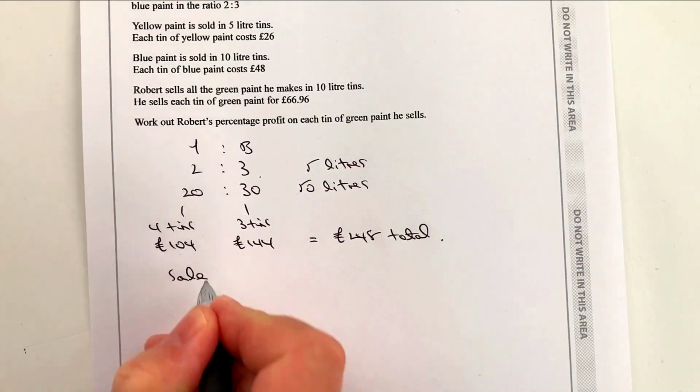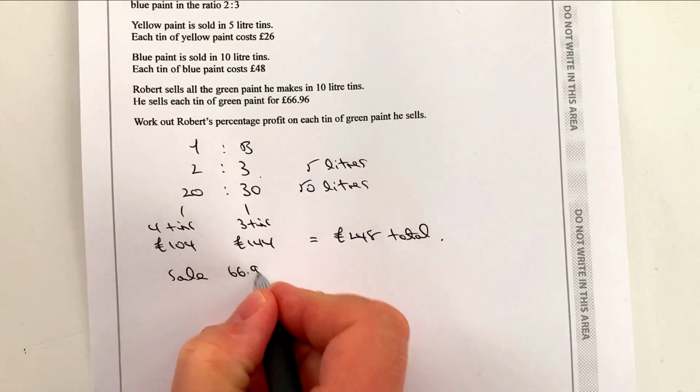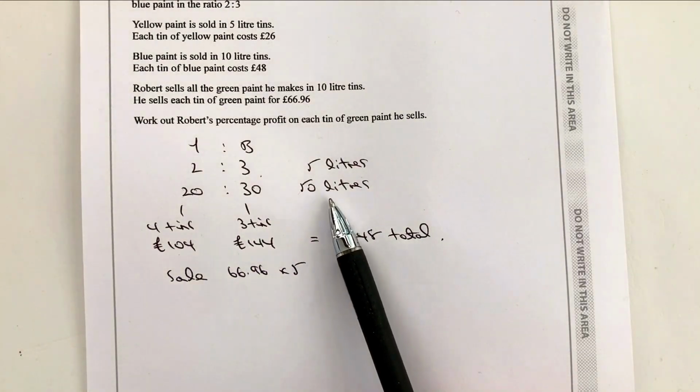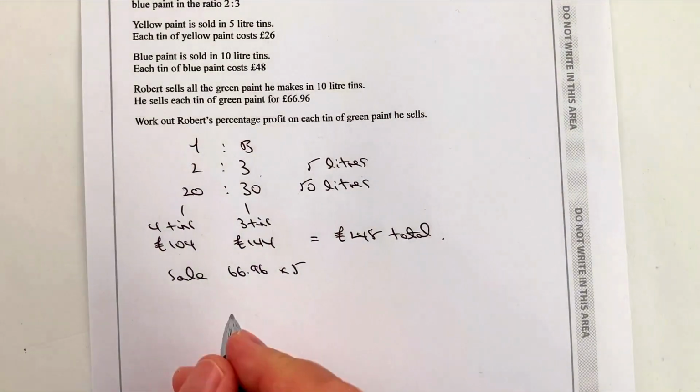So in this sale, he sells each tin of paint for £66.96. He needs to sell 5 tins of paint, because each tin of green paint has got 10 litres in it. Phew, I'm glad we got there eventually.